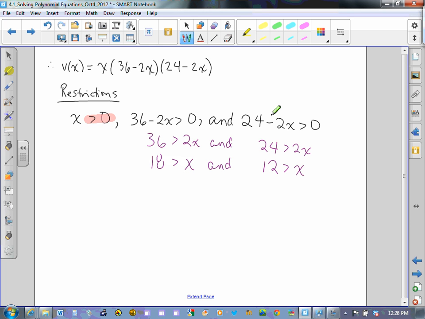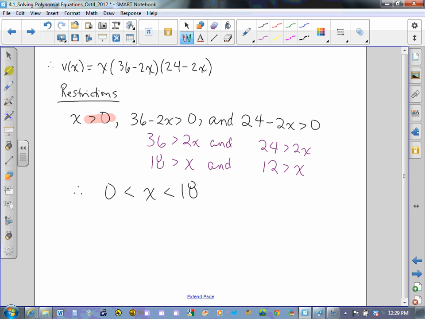Okay? And you can see that the 12 would be in between. So therefore, from what we can see above, we could say that the restrictions on our domain would have to be such that 0 is smaller than x is smaller than 18.